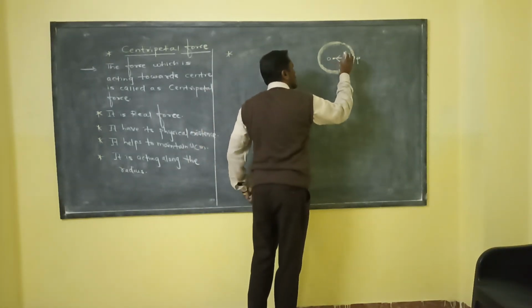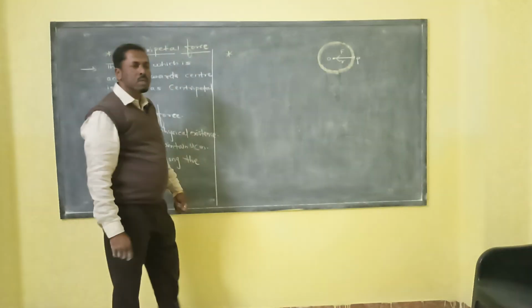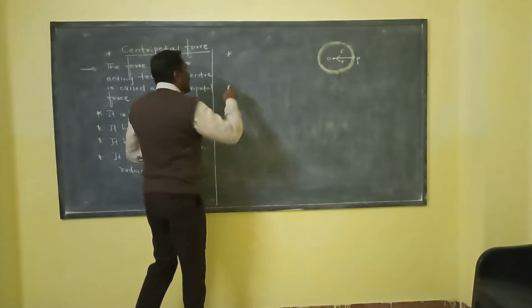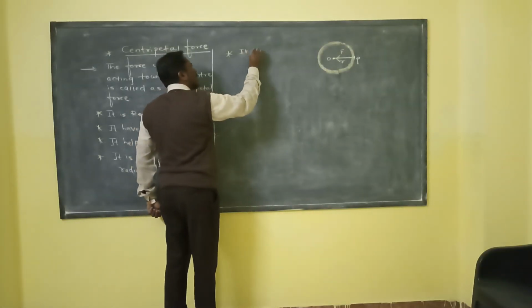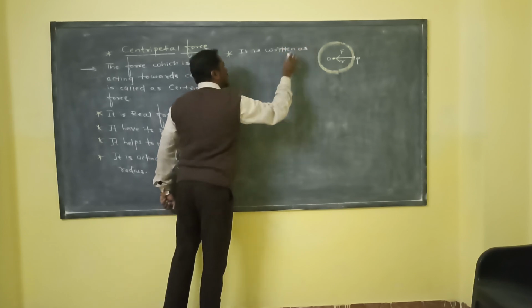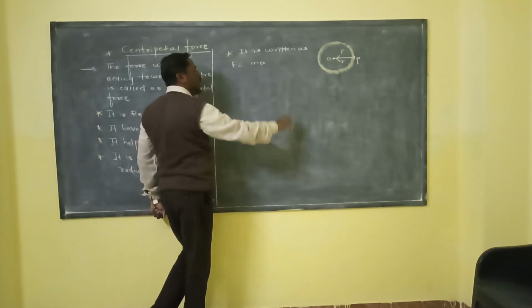This arrow tells us that the force is acting towards the center, that is nothing but the centripetal force. It is written as F is equal to mass into acceleration.